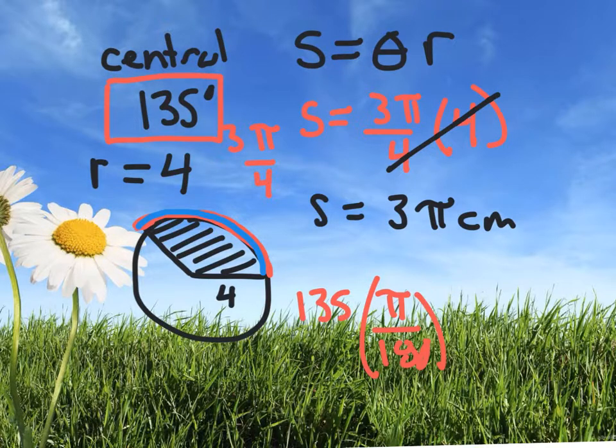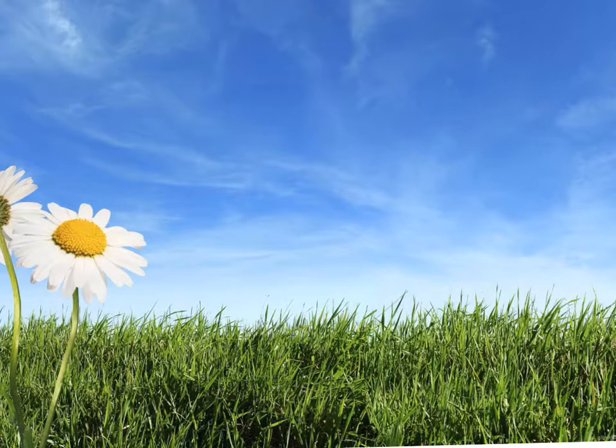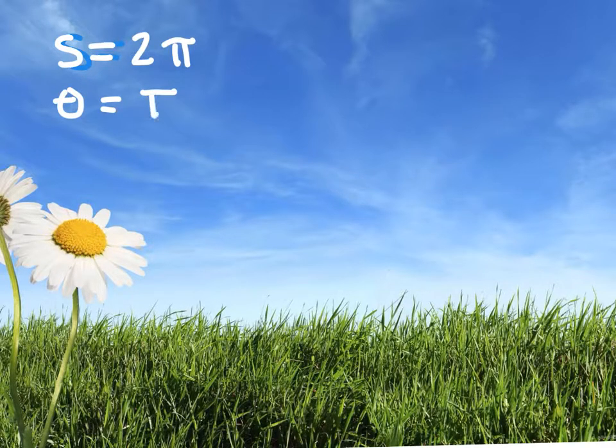Let me do one more where maybe things are given to you. Maybe they tell you that the arc length is 2 pi, and they tell you that the angle is, I don't know, pi.